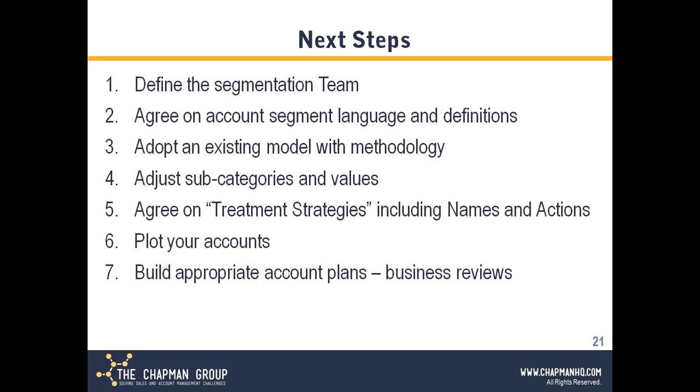Now, the final next step that we recommend is this really should be a critical component when you get into your whole account planning cycle. For example, when we work with organizations and do what we call metric-based account plans, we allocate space within the account plan itself to have the quadrant identified of where the account ended up being segmented and what the treatment strategy is as an influence to the team when they're building their account plan.